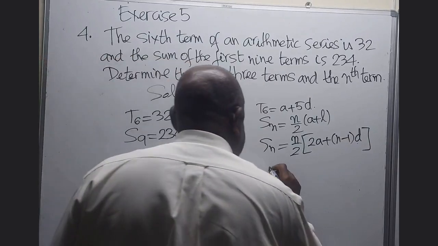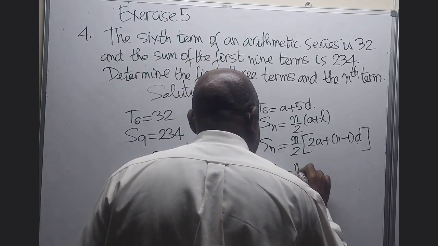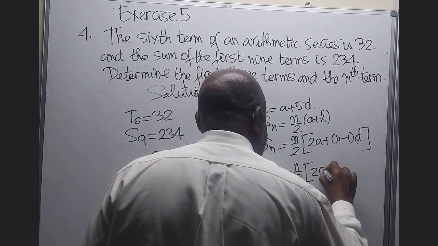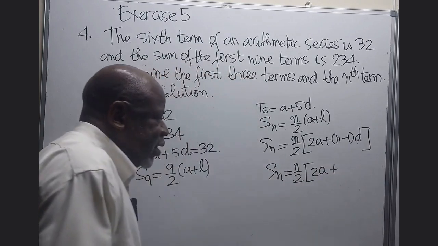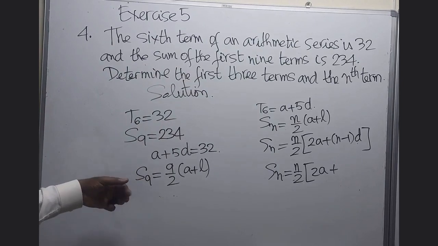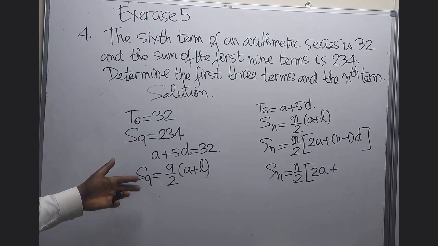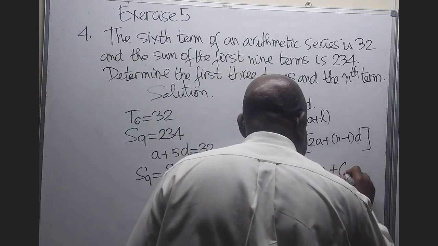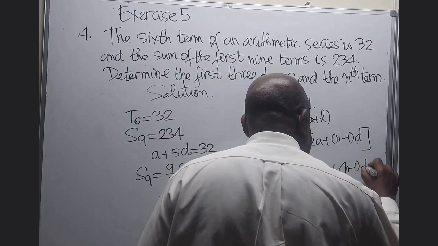So our Sn will be equal to n over 2, 2a plus, if we consider that our n is 9, I'm going to write n minus 1 times d.